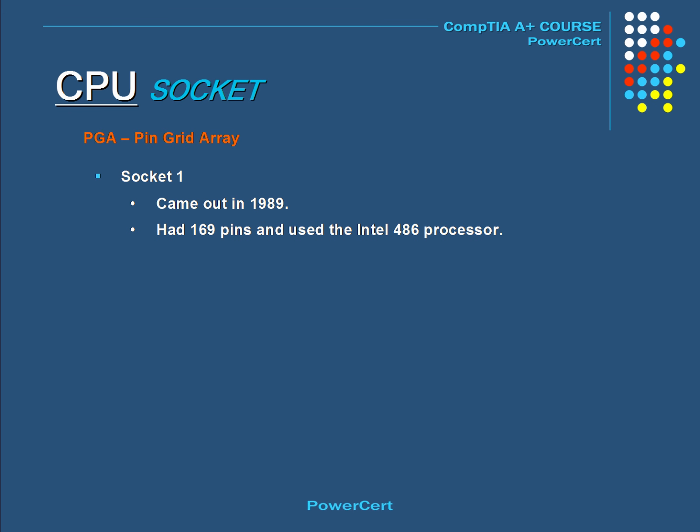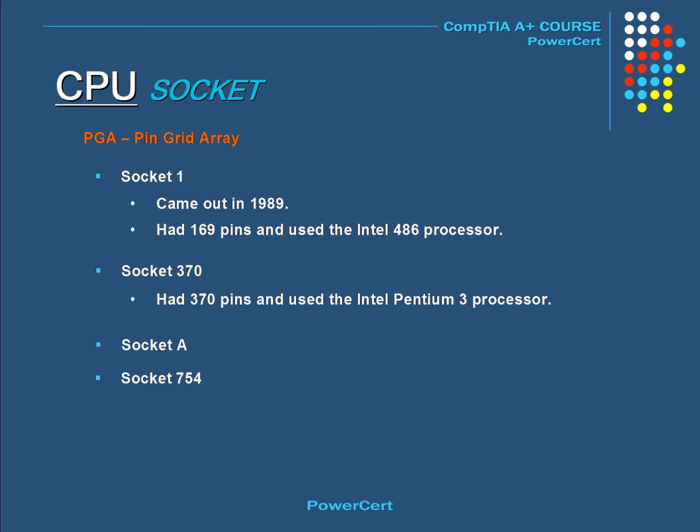Another example is the Socket 370, which had 370 pins and used the Intel Pentium 3 processor. Other examples include the Socket A, Socket 754, and Socket 939, just to name a few. In fact, there are over 25 different sockets that utilize the PGA package.